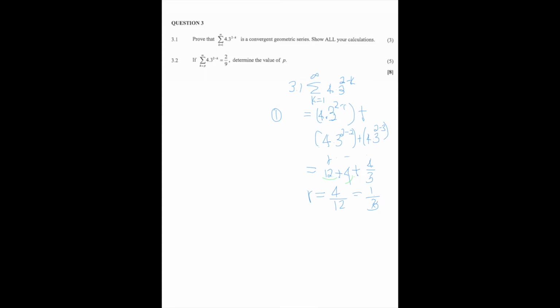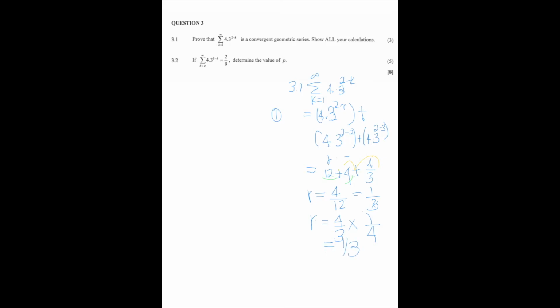For instance, if we considered the third term and the second term, we can still show that r is equal to 4 over 3 divided by 4, that would be 4 over 3 times 1 over 4, and of course this is also still equal to 1 over 3.